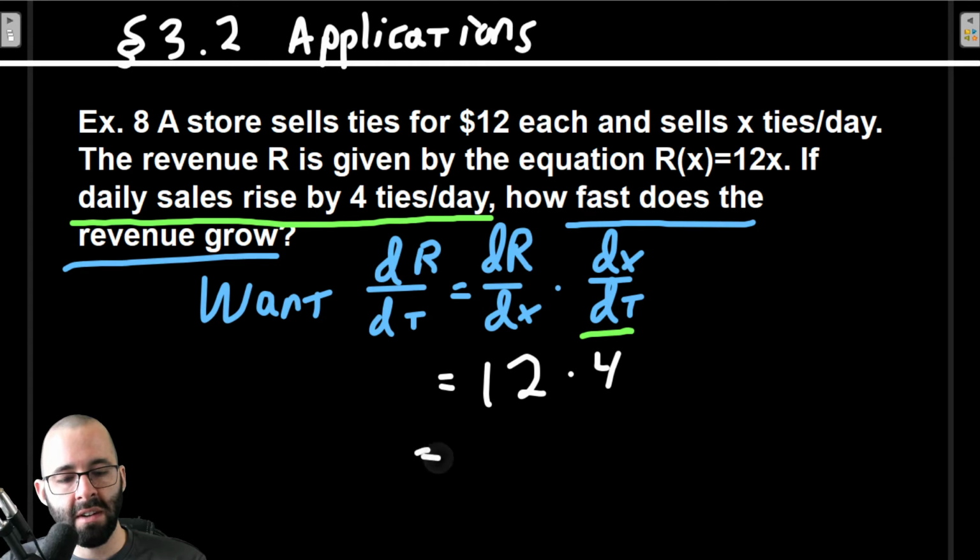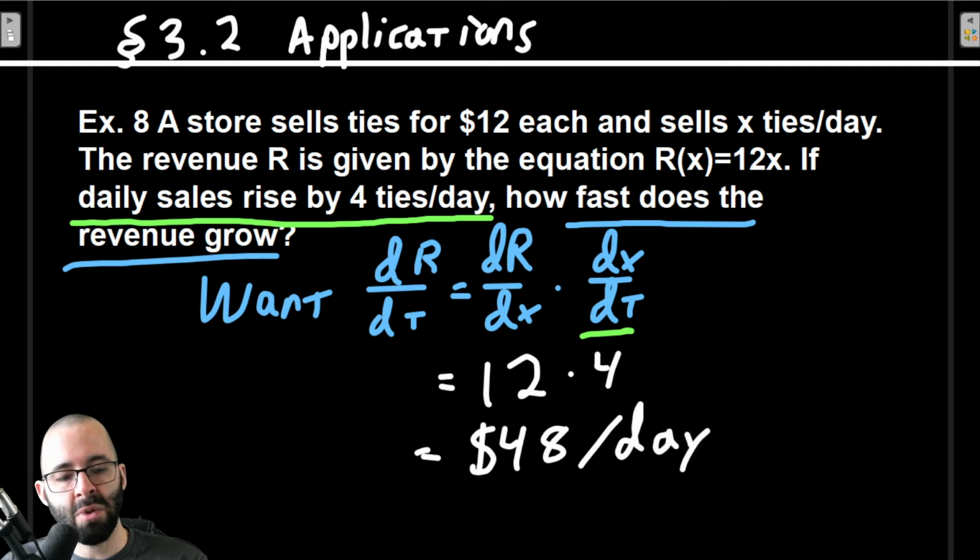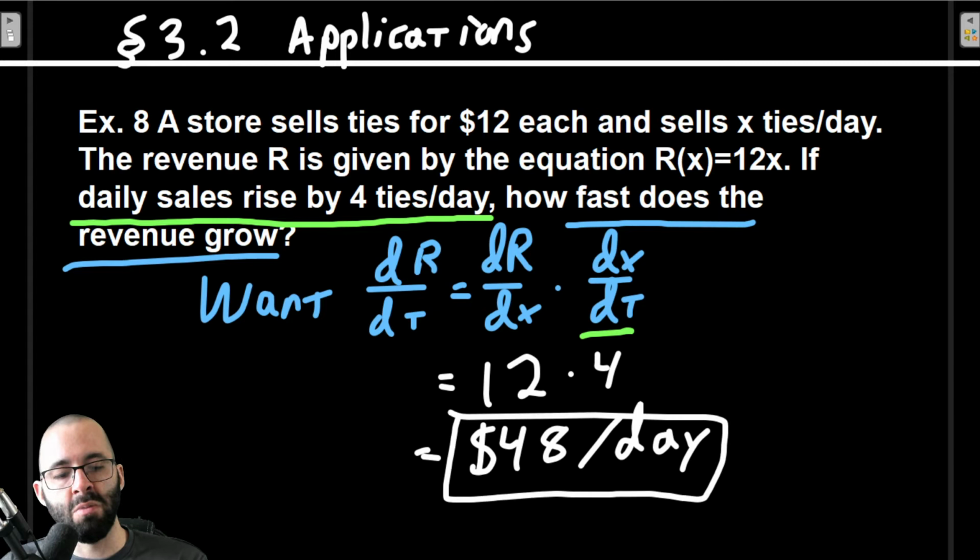What we have here is 48. What are our units? Units are always going to be the units of revenue, which is dollars, divided by the units on the bottom, which is time. It's going to be $48 per day. Every day we're getting $48 more than the day before.